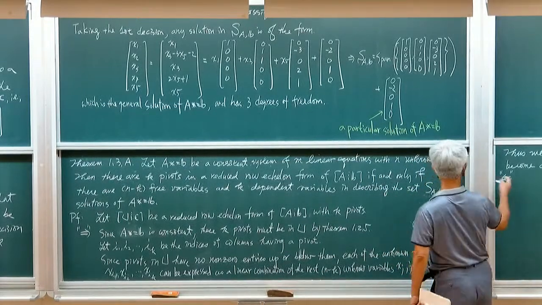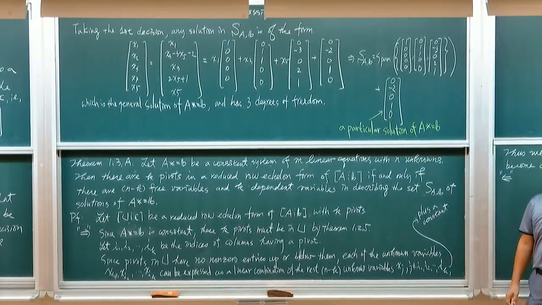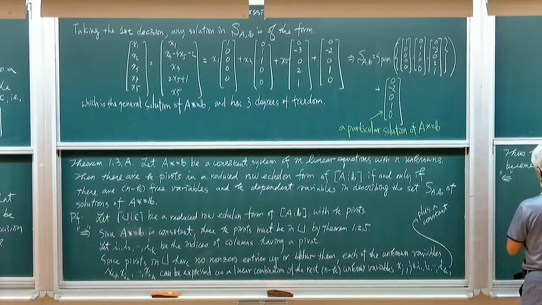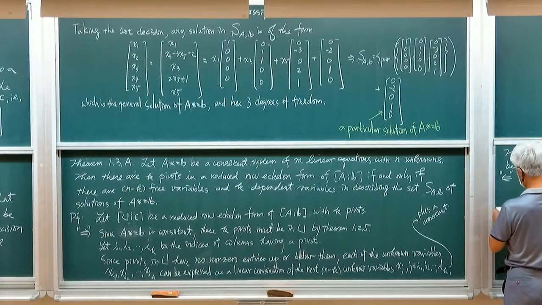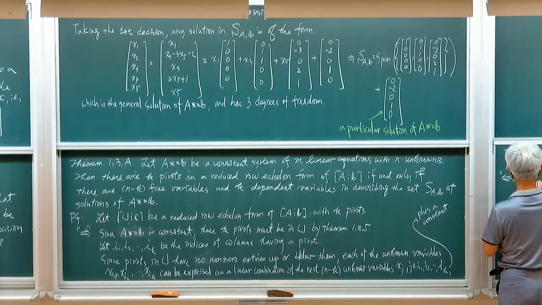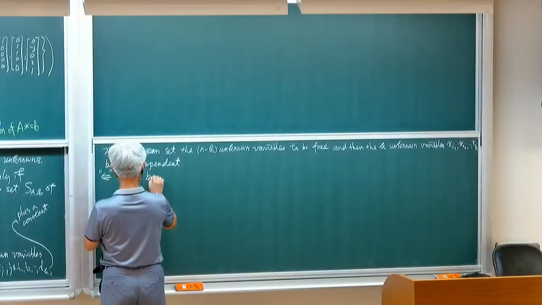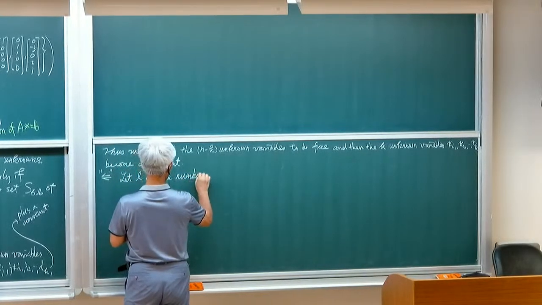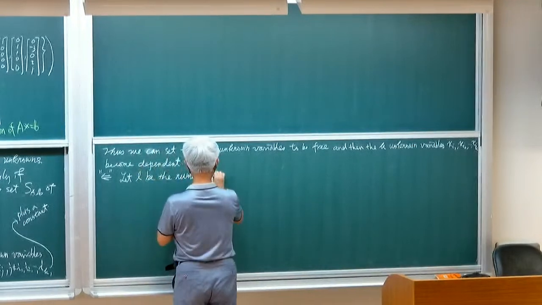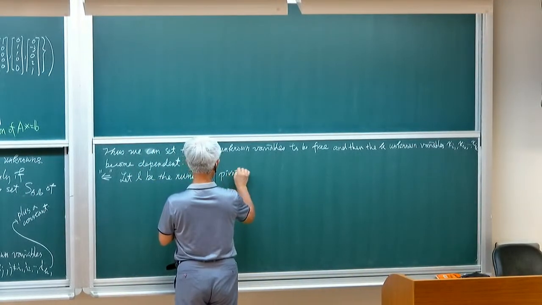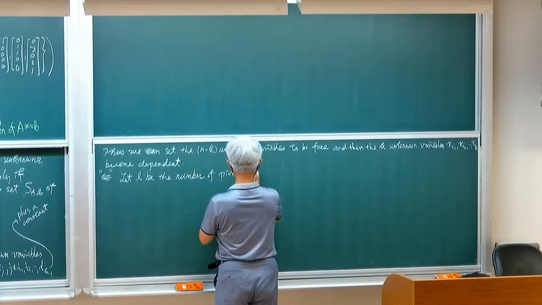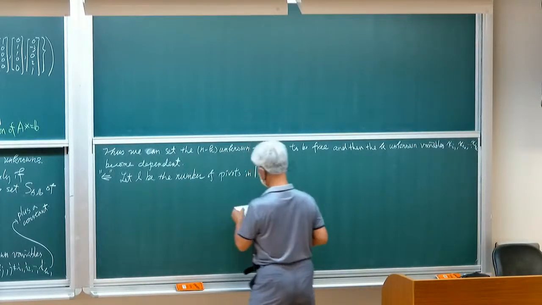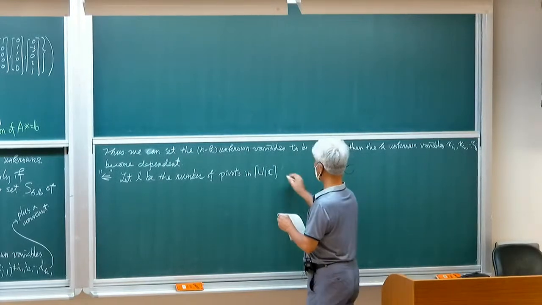Now we will prove the backward direction by contradiction. Okay. So, or well, not necessary. We just let L be the number of pivots in the reduced echelon form. All right.